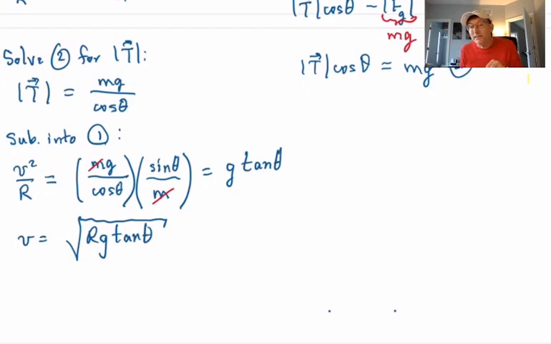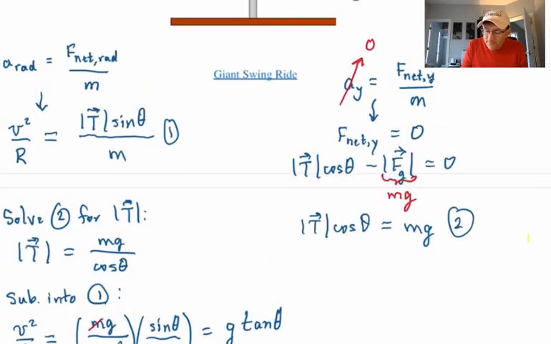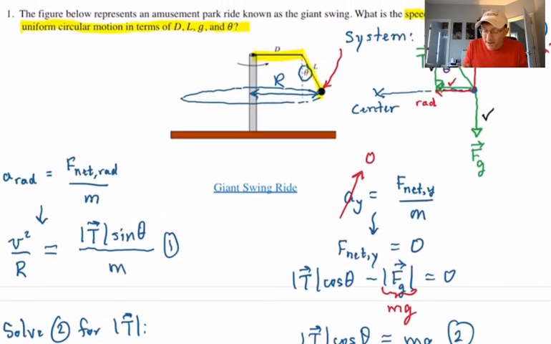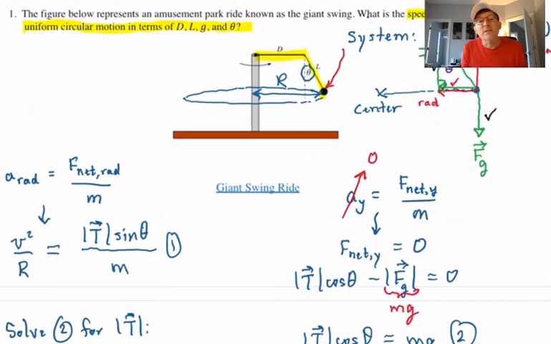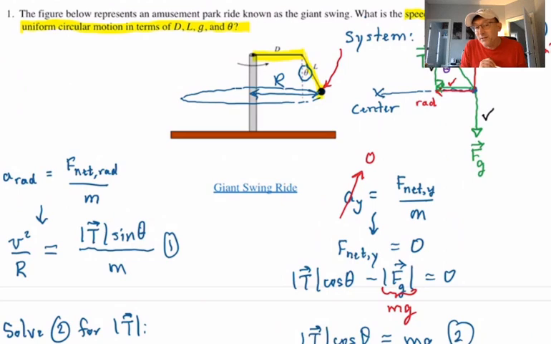And r is not one of those symbols. R is the radius of the circle. But a quick look at the picture, again, points out to me that I can express the radius r in terms of d, l, and theta. Do you see that? That's just some geometry and trig there.